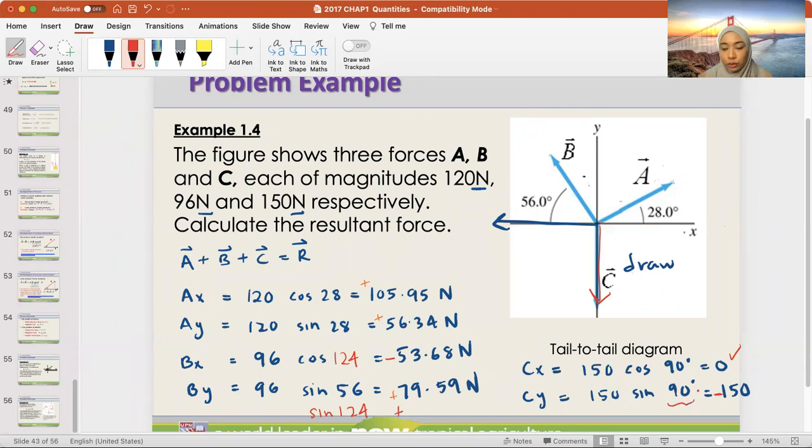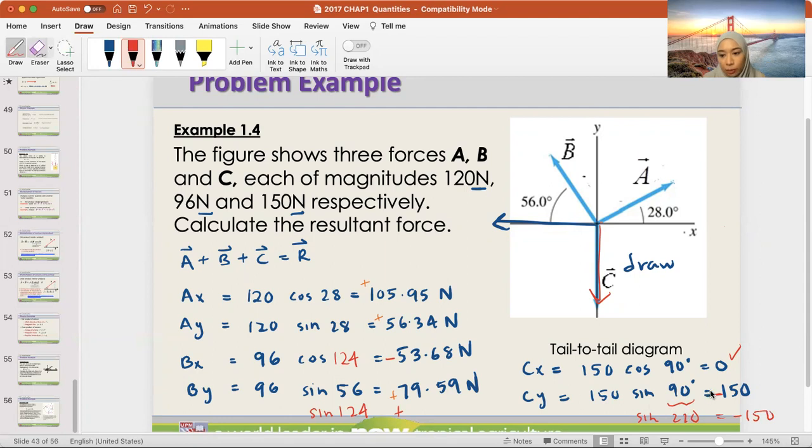This is separa betul, like I mentioned. Anyone wants to try? Sine 270. Sine 270, yes. So let's see. Sine 270 will give me a minus 1. Minus 1 times with 150, you will get the minus 150.